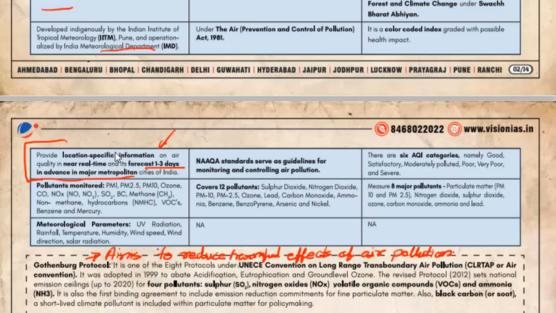So SAFAR can forecast the different weather and changes that will be there. Next is pollutants monitored: different pollutants like PM1, PM2.5, PM10, ozone are given. You should know this.